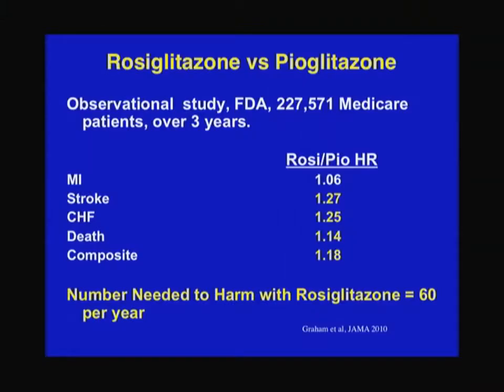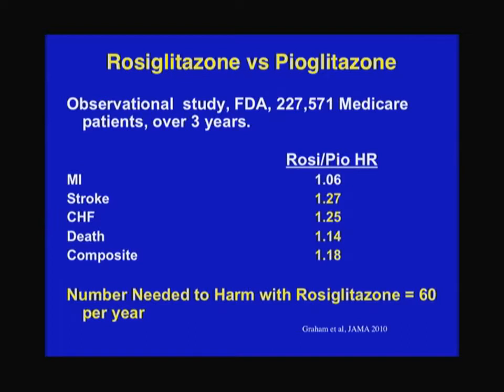And then, since then, I think I've taken the slide out, but there have since been some comparisons of the two drugs. And then finally, this study just came out. It was published last month, June 28th, and it's sort of what rekindled a lot of this conversation, because there was a direct analysis by the FDA of Medicare patients, so these are real people, comparing rosiglitazone, Avandia, with pioglitazone.